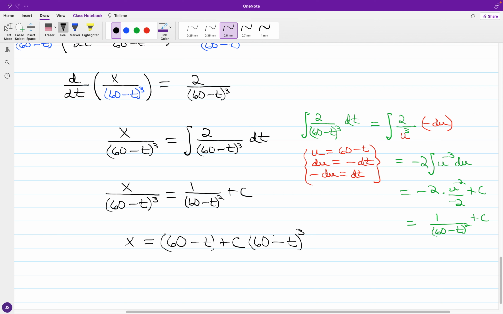Now for what we had at the start, we had pure water. So initially at time 0, there was no salt in the tank. So for t at 0, 60 minus 0 is 60, so you have 60 plus c times the cube of 60.